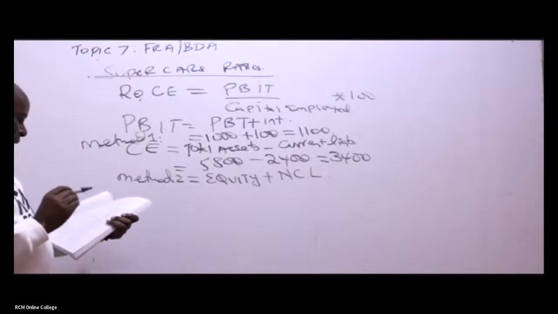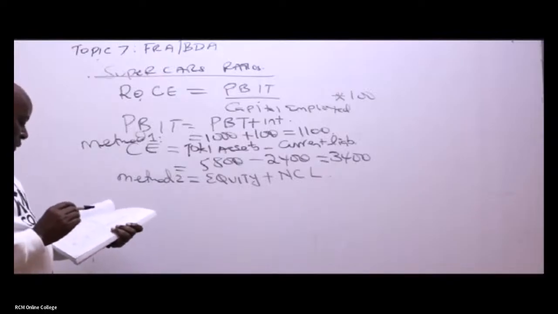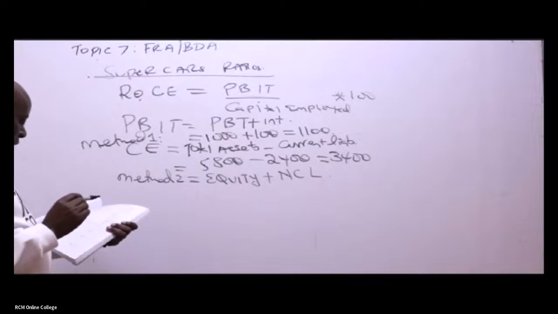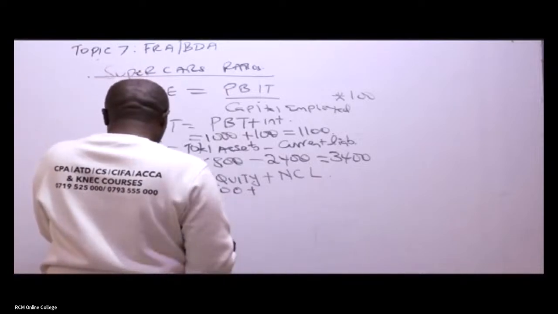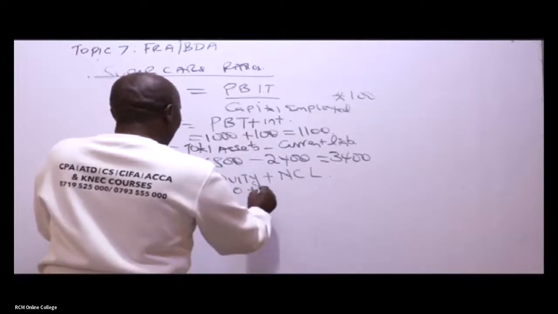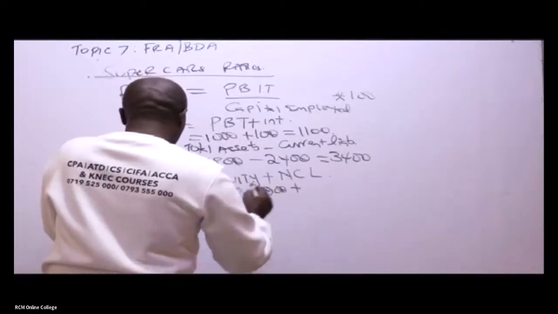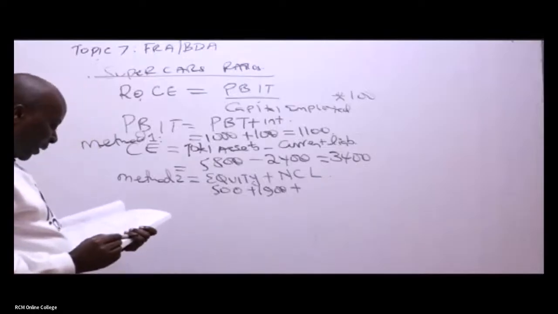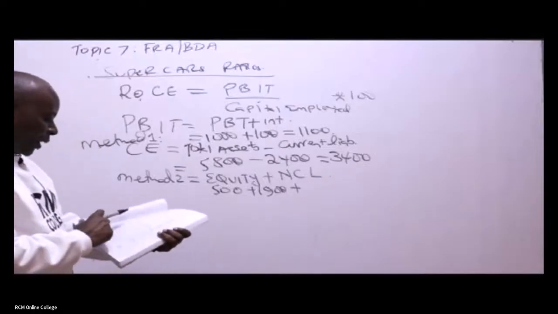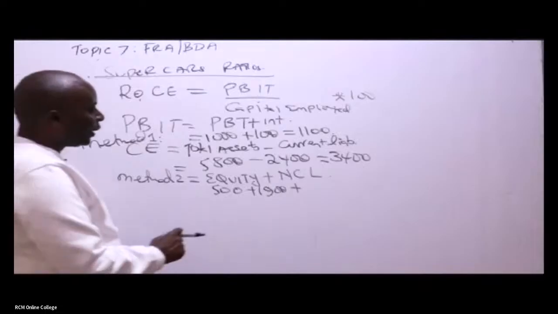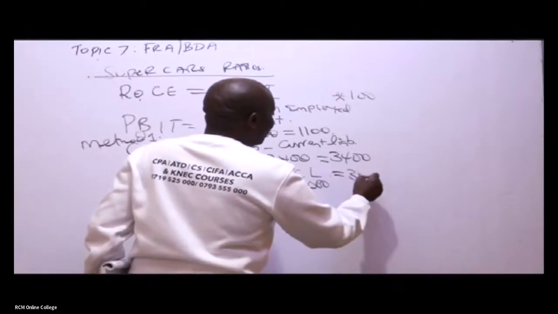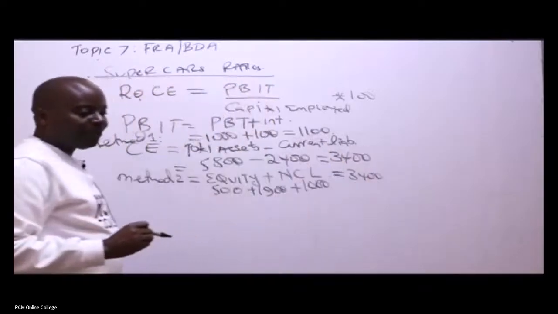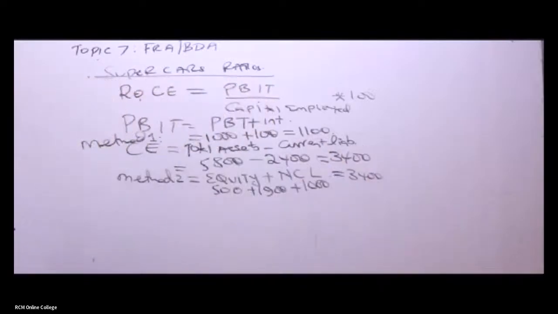So you go to the equity section: ordinary share capital 500, retained earnings 1,900. And then the non-current liabilities, where you see 8% debentures of 1,000. Can you confirm that this will give us 3,400? Thank you, Felicitas.